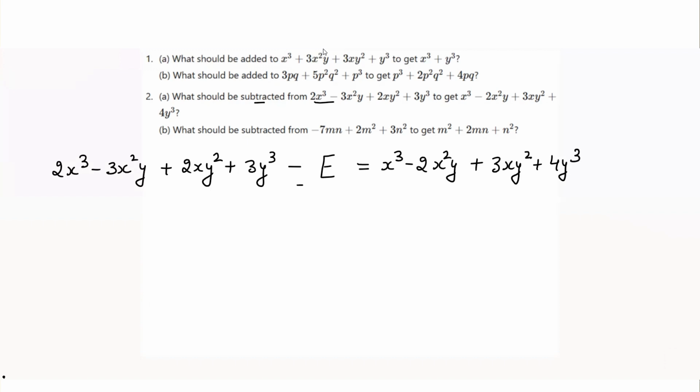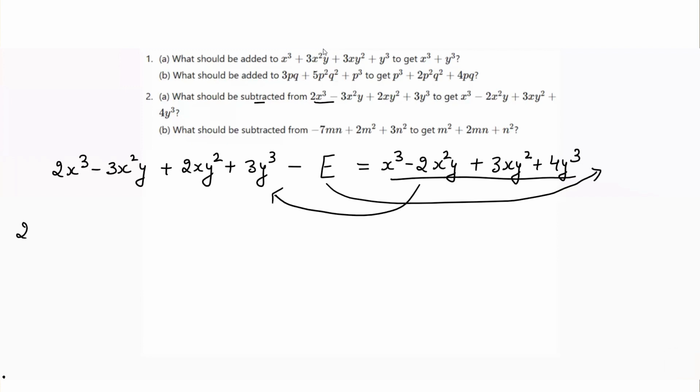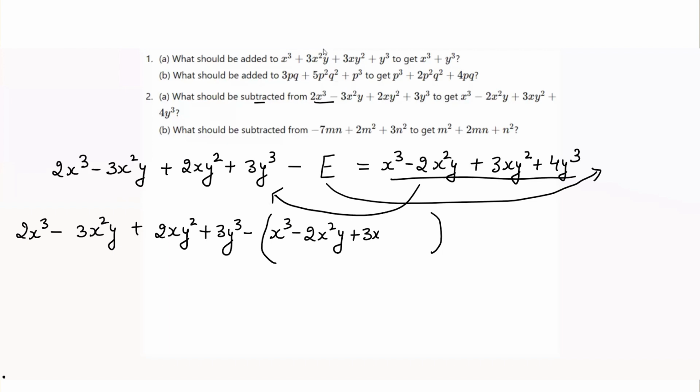Now, since this E has a negative sign, we want the sign to be positive. So we will shift this E to the other side and take this whole expression to the other side. We'll write 2x cube minus 3x square y plus 2xy square plus 3y cube minus, then the whole expression on the right hand side, x cube minus 2x square y plus 3xy square plus 4y cube, is equal to E. Now we will open the brackets.